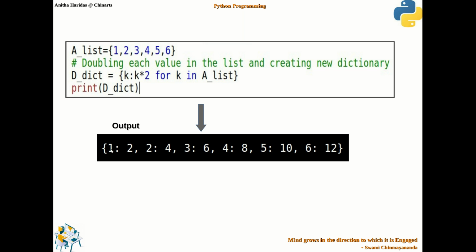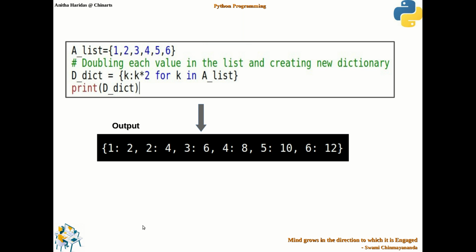So 1 is the key, doubled is 2. Then 2 is the key in the second iteration. When you double it, 4 becomes the value. 3 is the key in the third iteration. When you double it, you get 6. Then 4: 8, 5: 10, 6: 12 will be the key-value pairs for the new dictionary called d_dict.